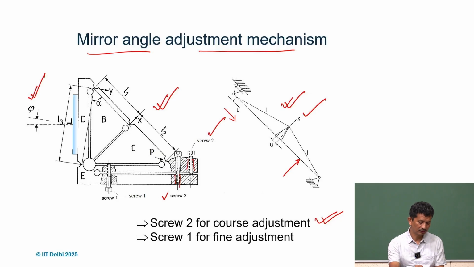So if you just push it here, the entire thing will rotate, and that's why it's called coarse adjustment. It can be replaced with some kind of actuator also, but manually also you can adjust. Suppose you want to focus at a certain location, if it's one time, you can use the manual adjustment, but if it's for a dynamic application, you can place an actuator and do that.